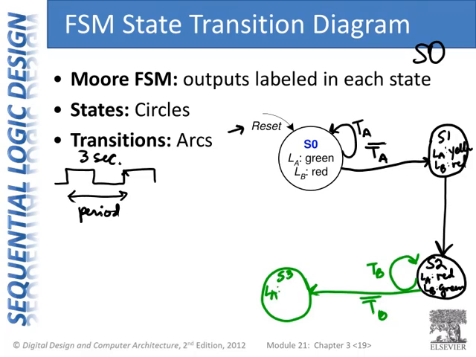So we'll get LA still red, but LB is going to transition to yellow to give time to make it through the intersection. And then, independent of any input at the next clock edge, we'll transition back to state S0, where there's a green on Academic Avenue and a red on Bravado Boulevard.